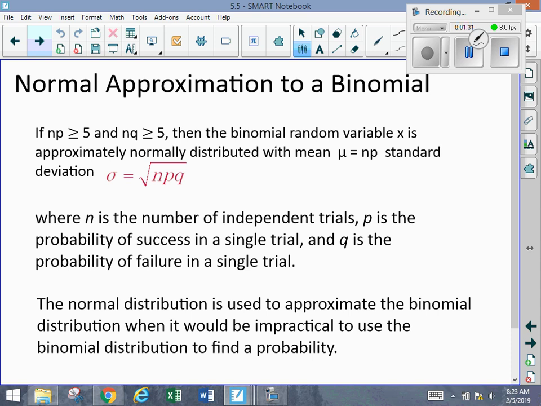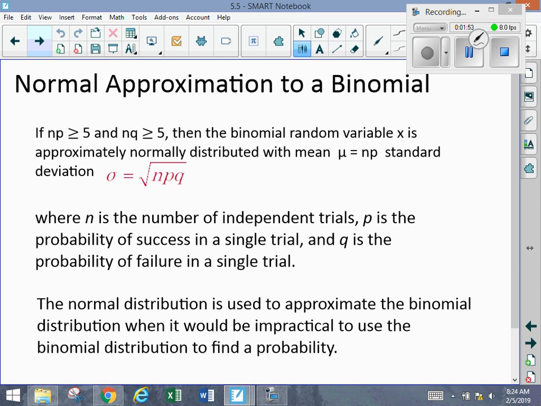Remember that P was the probability of an event occurring, right? So in that free throw example that I just said, P would be 0.70. If you had a 70% rate of making free throws, then P in that case would be 70.